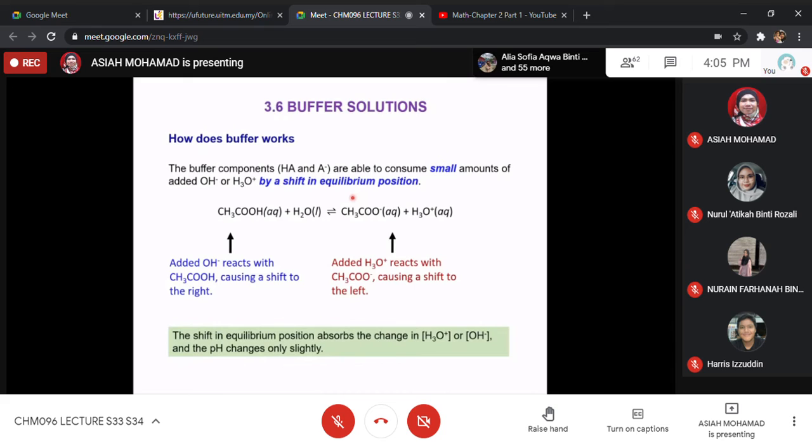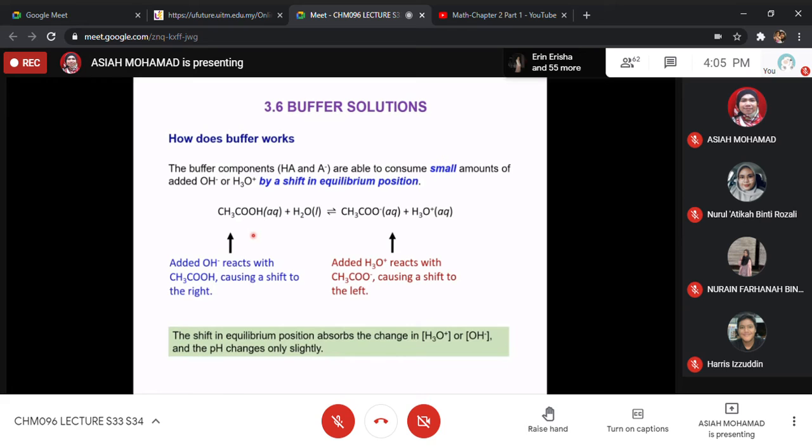Let us look at this buffer solution. It consists of acetic acid and its conjugate base, which is from its salt, sodium acetate.